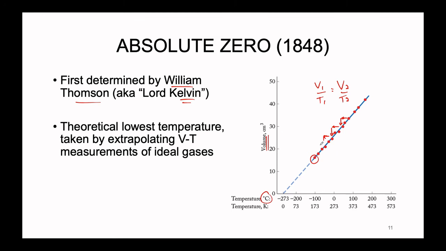You can't have a gas law study on a liquid, it doesn't make sense. But what Kelvin realized is we can draw a line between all of these data points and extrapolate the rest of the missing data. So Kelvin was able to determine, hypothetically, the theoretical lowest temperature that can occur by extrapolating volume versus temperature measurements down to zero volume.